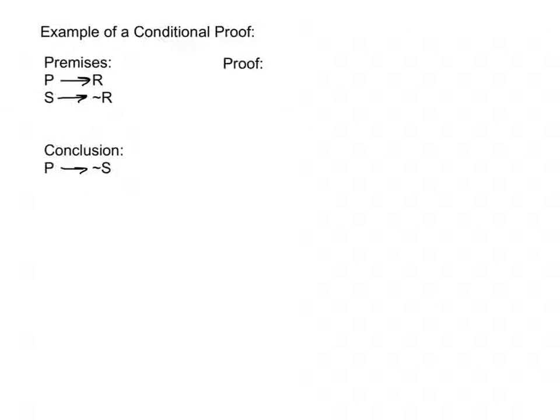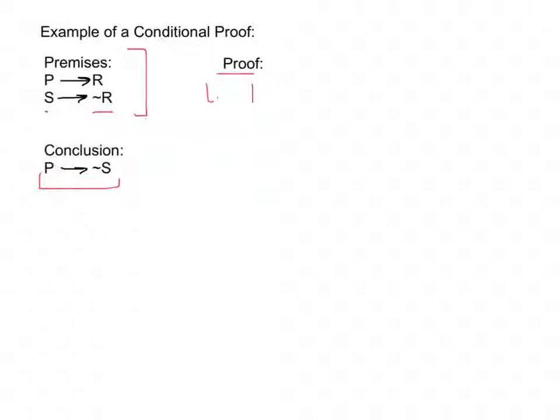So now I'm going to go through an example of a conditional proof. Here are the premises. We're given that if P, then R, and we're given that if S, then not R. And we're trying to prove that if P, then not S. So here's our proof. We're going to do a two-column proof again.